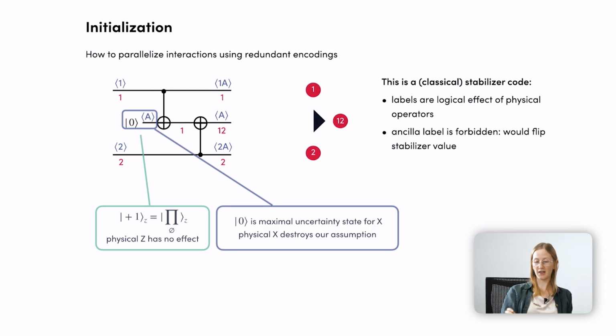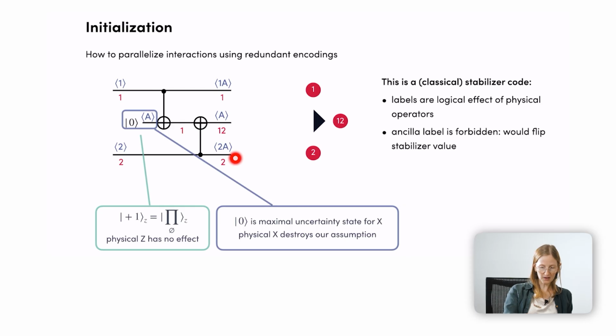So I can look at this really as a stabilizer code now with 3 qubits and a 3-body stabilizer between these 3 qubits. And just from looking at these labels now, I can directly determine which physical operators are actually valid in this code. And in this case, it's each of these Z operators, and which ones are forbidden, which is single-body X operators.